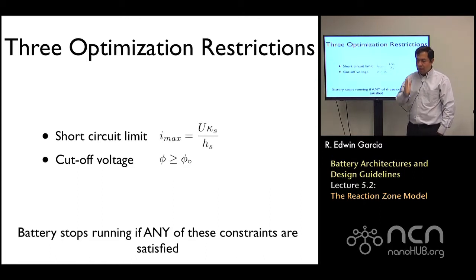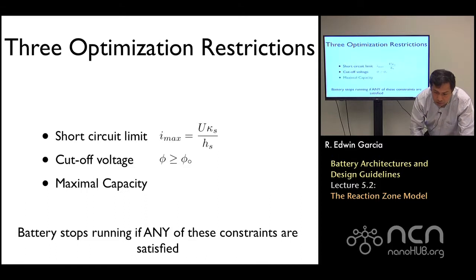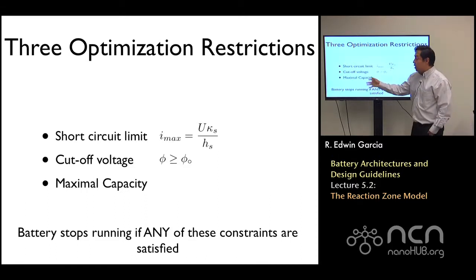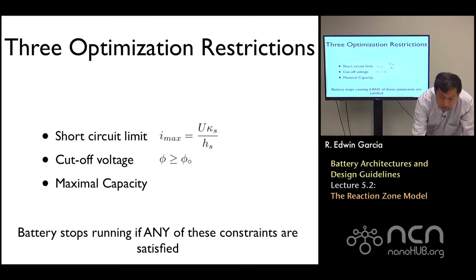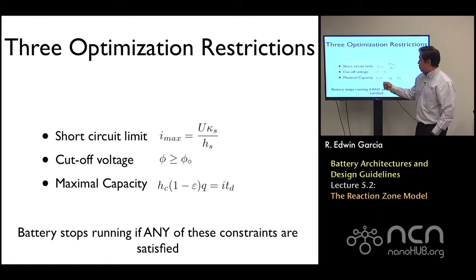Or if the reaction zone edge x of r has reached the thickness of the cell in either the cathode or anode, right? And if that happens, if you have reached that maximal capacity, then you should stop using that simulation, or in this case, you have reached and fully utilized the entire charge.